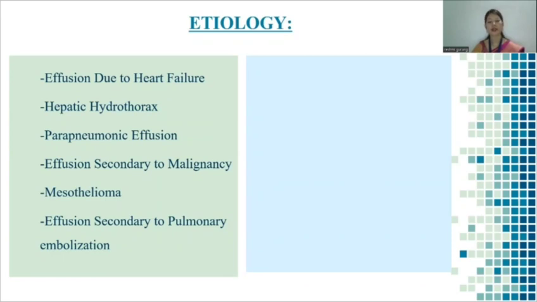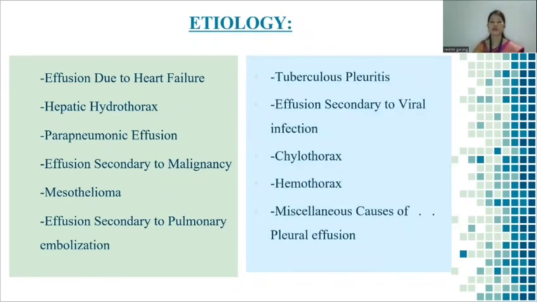Then effusion secondary to malignancy. Here also the person will have an exudative type of pleural effusion, because the patient will have breast cancer, lung tumors and so on. Then mesothelioma, with the presence of mesothelial cells in the pleural space. Next, effusion secondary to pulmonary embolization. The next etiology is related to tuberculosis, due to tuberculous pleuritis.